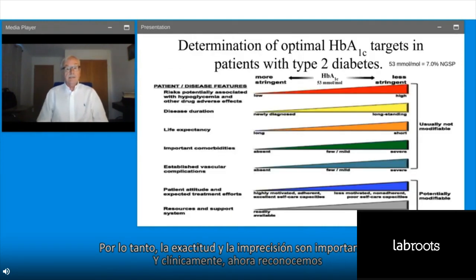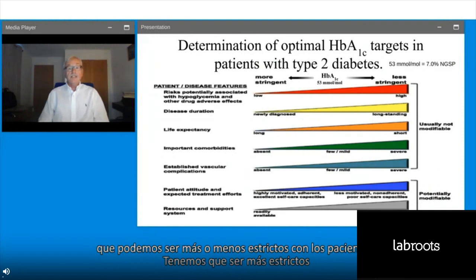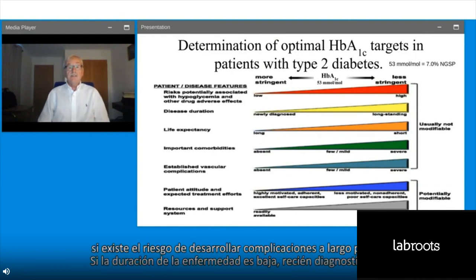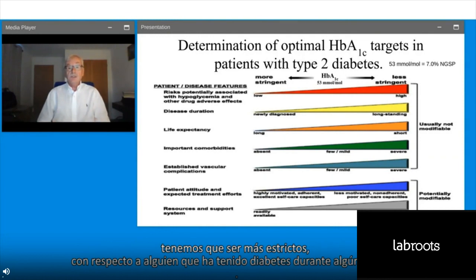And clinically, we actually now recognize that we can be more or less stringent with patients. We should be more stringent if there is a risk of developing long-term complications. If the disease duration is low, if they're newly diagnosed, we need to be more stringent.